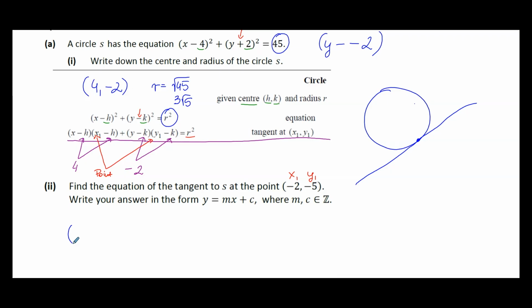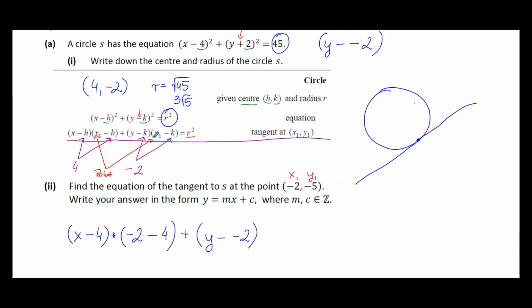So let's go. Bracket, x is x, minus h is 4, bracket, multiply another bracket. Now this is the x coordinate of my point, and that is minus 2. Then I have minus again the value of h, which is 4. Close the bracket, plus bracket again, y is y, minus k, the y coordinate of the center, which is minus 2.